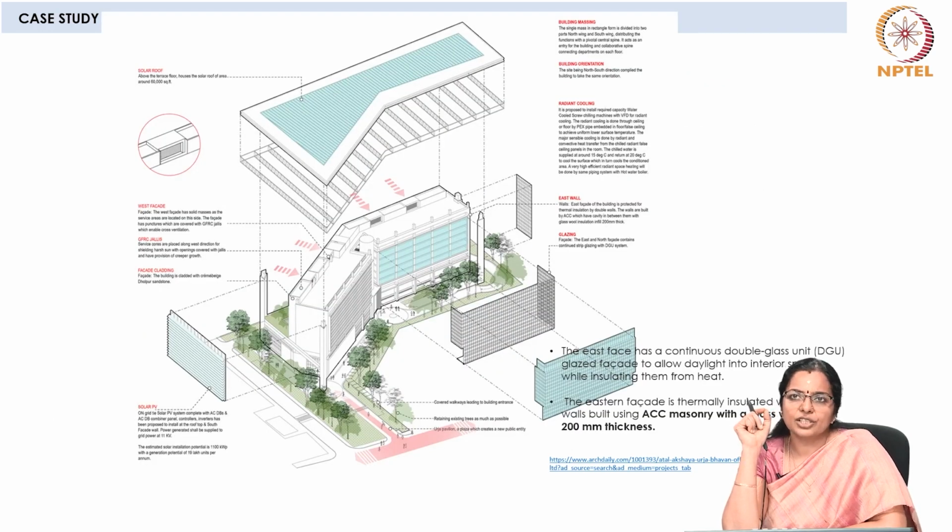So, the Atal Akshaya Urja Bhavan, which is a net positive energy campus, serves the MNRE, Ministry of New and Renewable Energy headquarters, as it establishes a new standard for energy conscious development in the country. This building uses innovative ideas of combining passive methods with renewable energy systems and makes them accessible and educational to the general public.